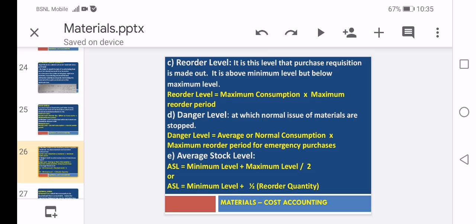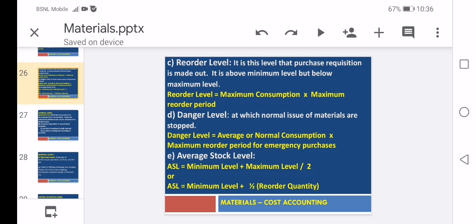Reorder level is above 500 units, that is above the minimum level, but below the maximum level, that is 2000 units. If we maintain like this, falling below the minimum level or maintaining overstock above the maximum level will not happen in the materials management system, the stock level system. It is computed as reorder level is equal to maximum consumption into maximum reorder period.